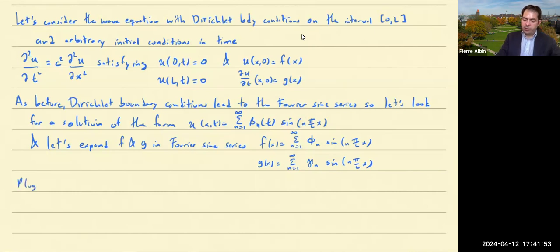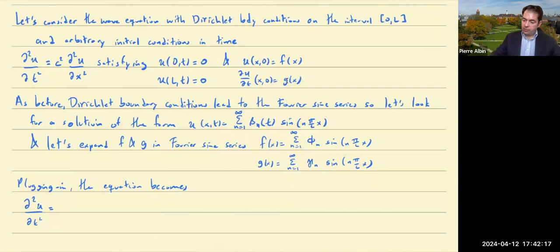If we plug this into the equation, well, take two derivatives with respect to t.